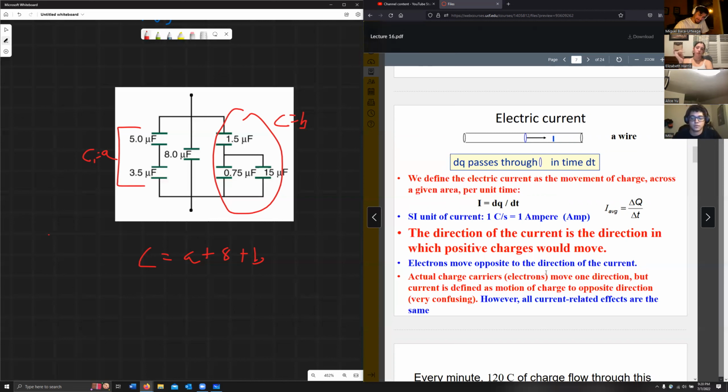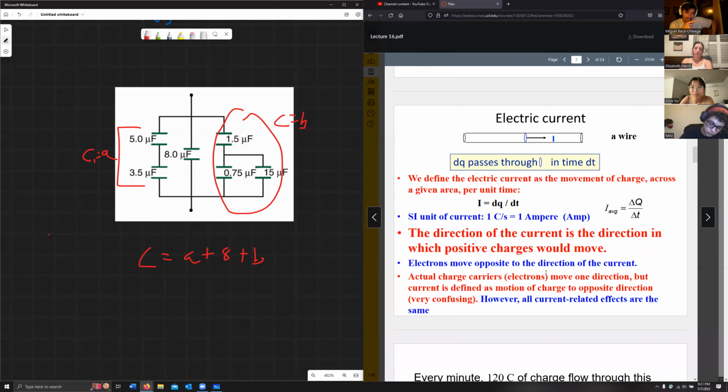Okay. Electrons move in the opposite direction. The actual charge carriers, electrons, move one direction, but current is defined as motion of charge in the opposite direction.